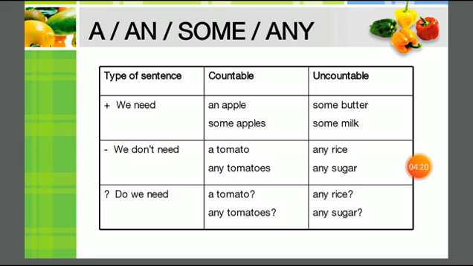Do we need a tomato? A tomato is countable. Do we need any rice? Rice, uncountable. Do we need any tomatoes? Tomatoes are countable. Do we need any sugar? Sugar is uncountable.